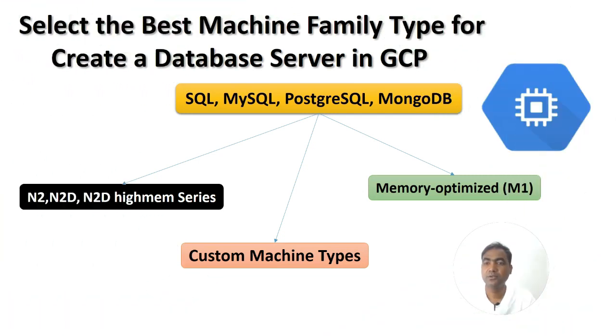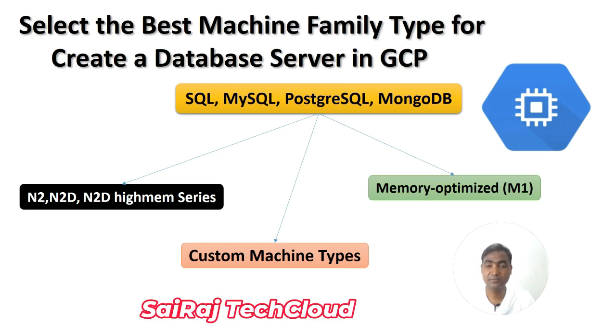As you know, some of the database servers are SQL, MySQL, PostgreSQL and MongoDB, and I'll guide you on how to select the best machine family types for creating a database server in Google Cloud Platform.